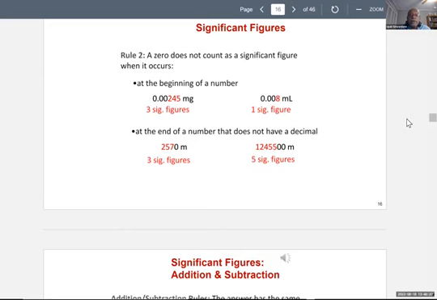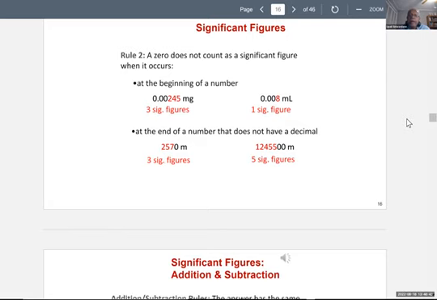Okay, third one, 2,570. Normally that 0 at the end of a whole number is not significant. Therefore, it's 3 significant figures there. If you want to make that 0 significant, you have to put a decimal point after the 0.